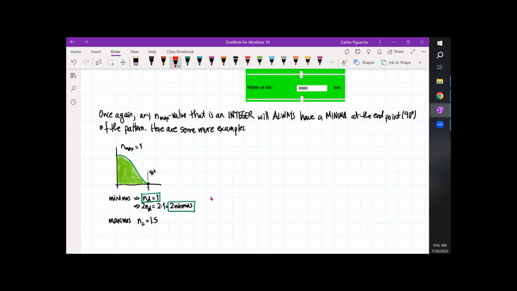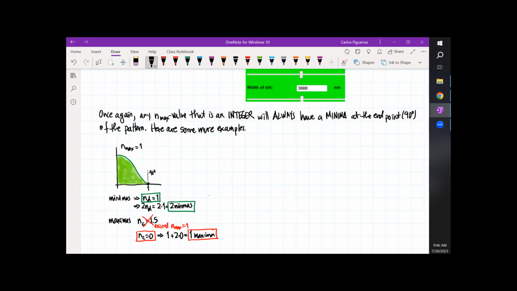So this immediately tells me that this has already exceeded Nmax equal to 1, so NC is equal to 0. Therefore, 1 plus 2 times 0 gives me 1 maxima. So note, I did not do a sequence.